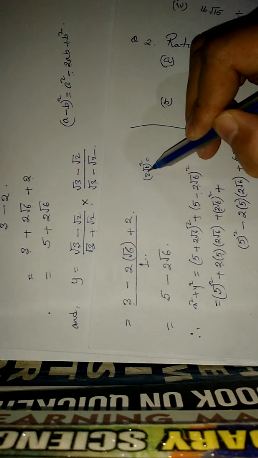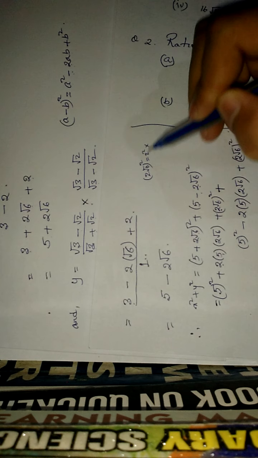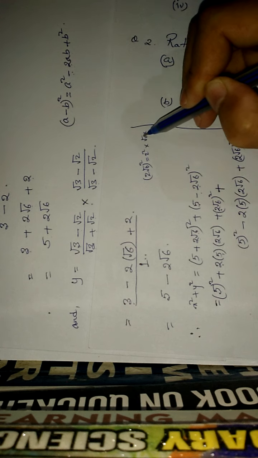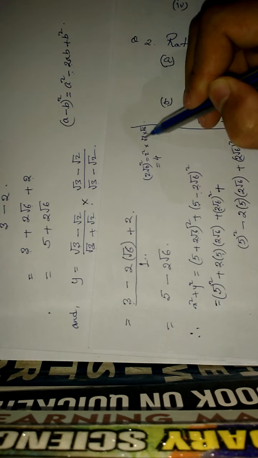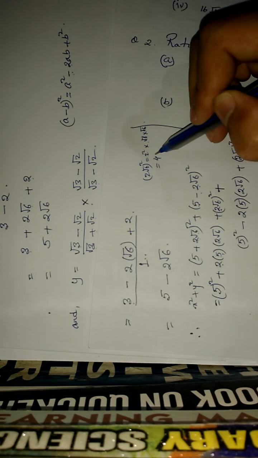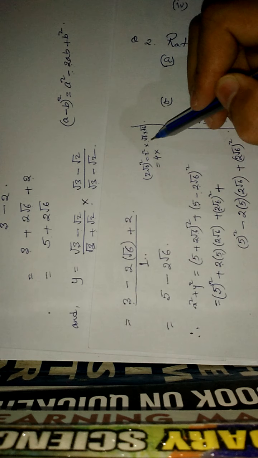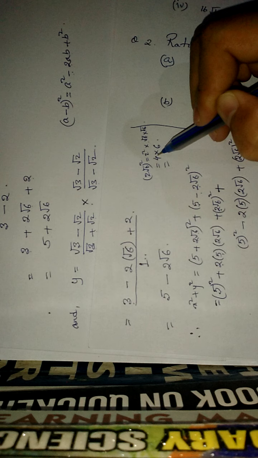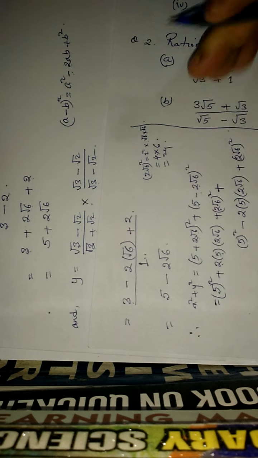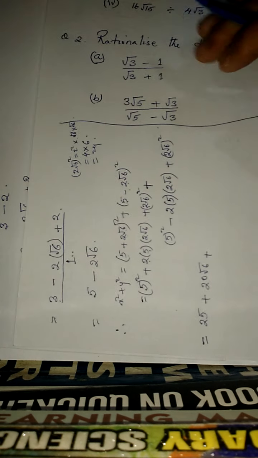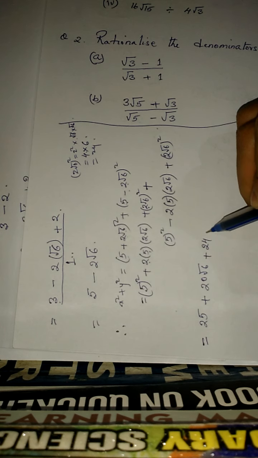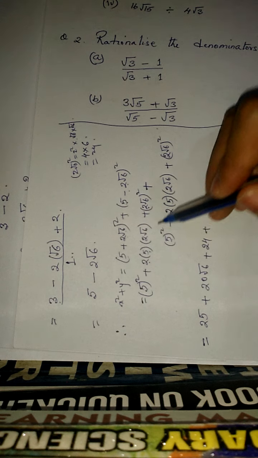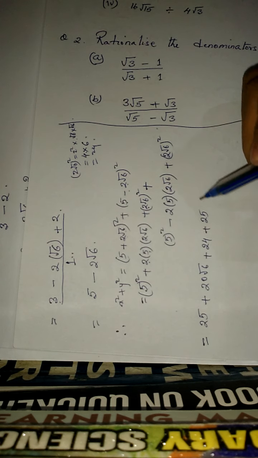We can write 24 in short. Plus again 5 square 25 minus 2 times 5 is 10, 10 times 2 is 20 root 6, plus 2 root 6 squared, as I explained here. In short we will write 24 here.